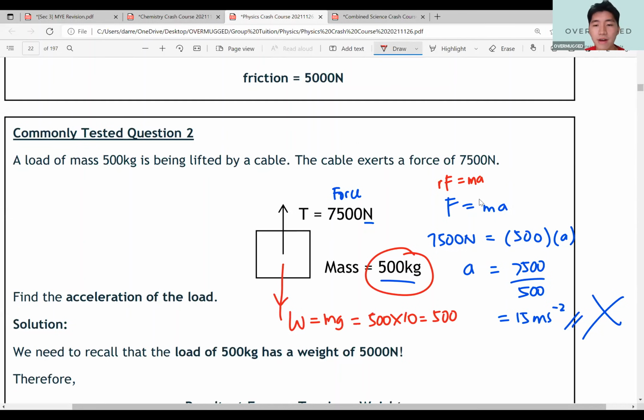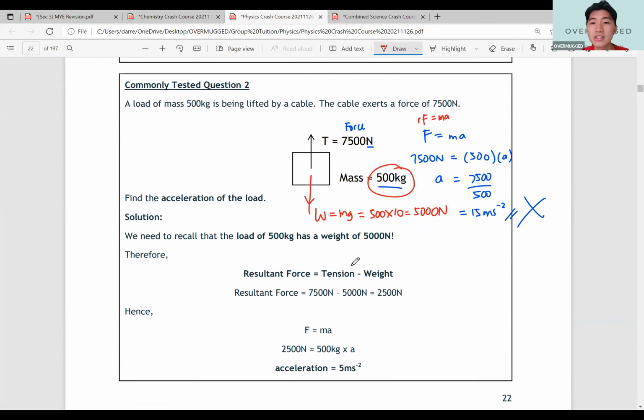I have a weight of 5,000 newtons, which means that when I go and calculate my resultant force, it is not just the 7500. You need to say that there's an upward force of 7,500, but there's a downward force of the weight, which is equivalent to 5,000. So when I subtract the two, I realize that the resultant force is 2,500. Then I can do my Rf equals to ma to find the acceleration accurately.